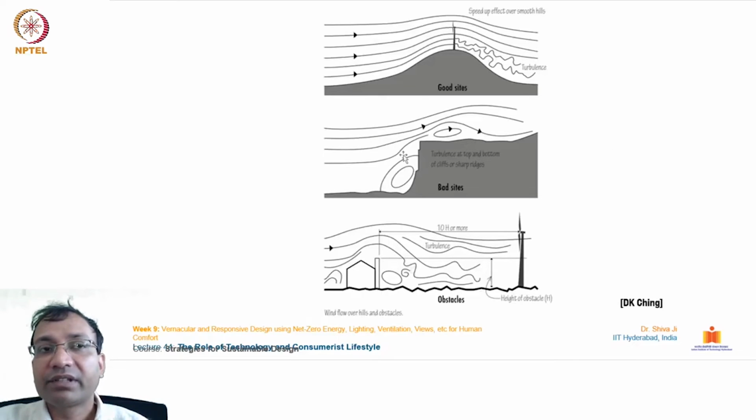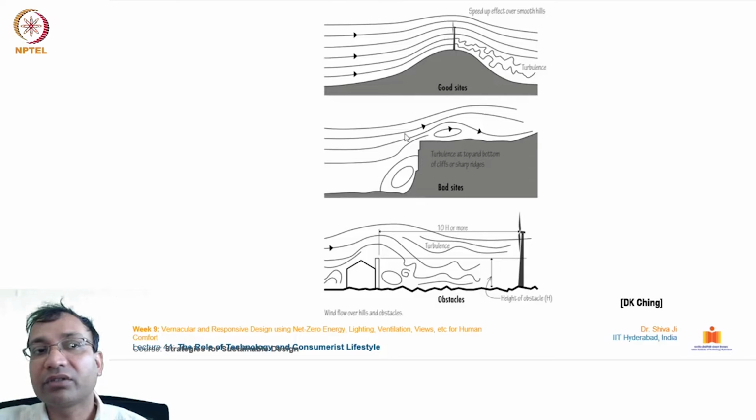Further, we have discussed this before, but one more time, how the topography helps in creating turbulences or wind patterns. Strategically, you can see in this first sketch, this is a good location for placing a windmill, so that it receives the compressed flow of air, which is high in velocity compared to the other regions in the foreground.